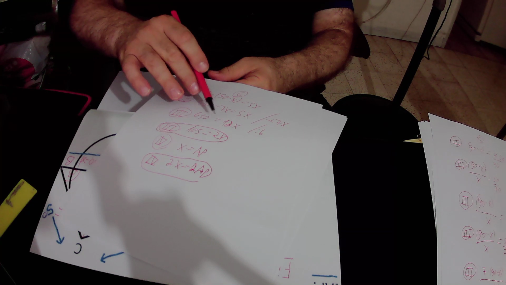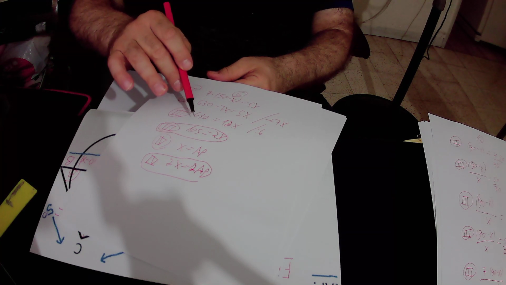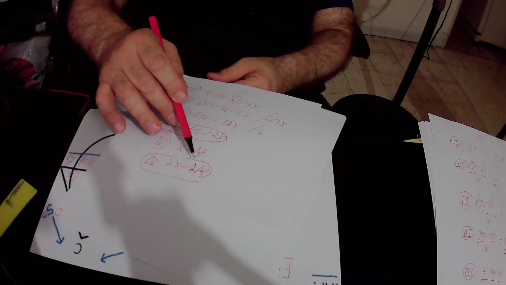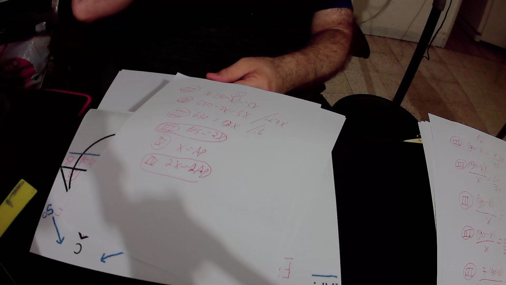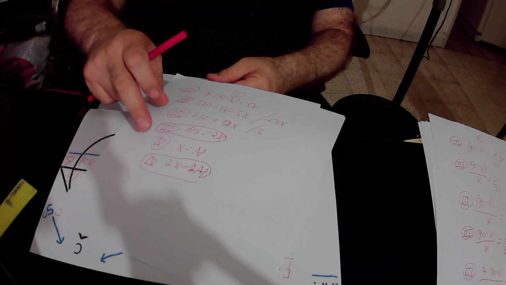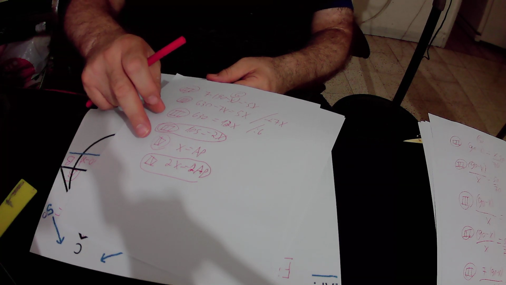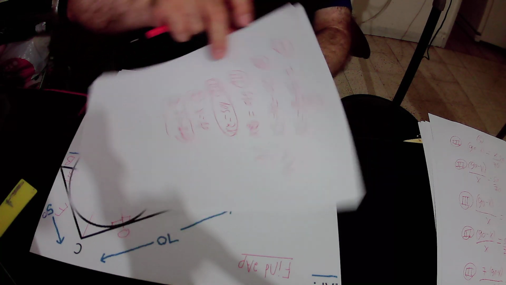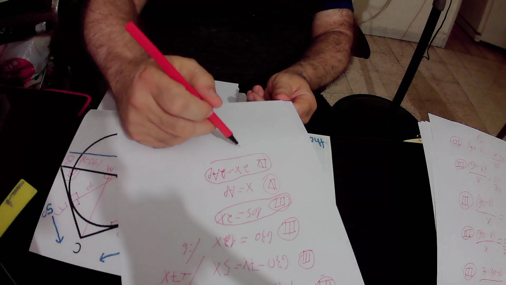From one side 2 times x equals 105, and from the other side 2 times x equals 2 times AP. So we can integrate both the third equation and the fourth equation. We create the fifth equation.